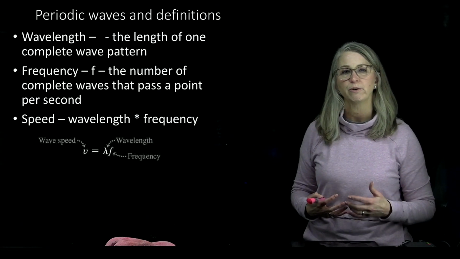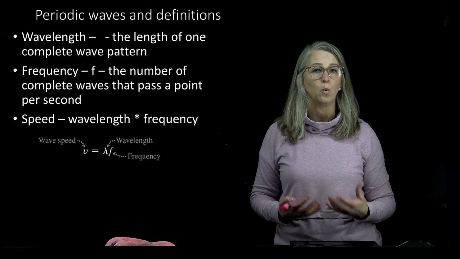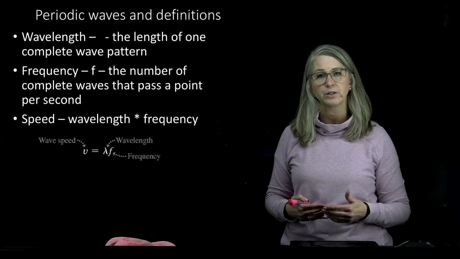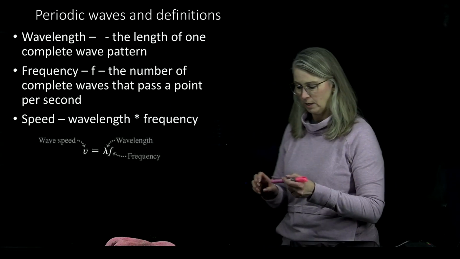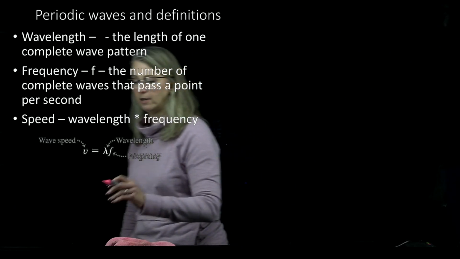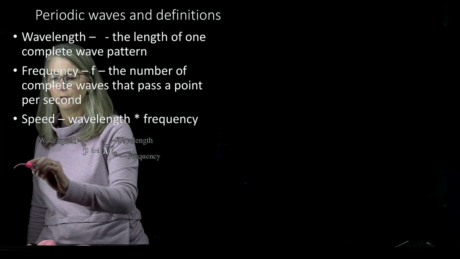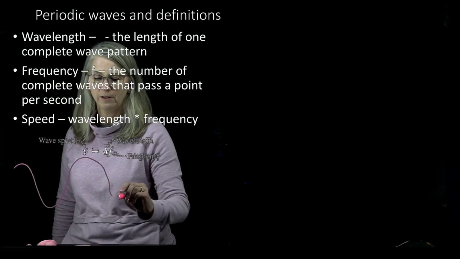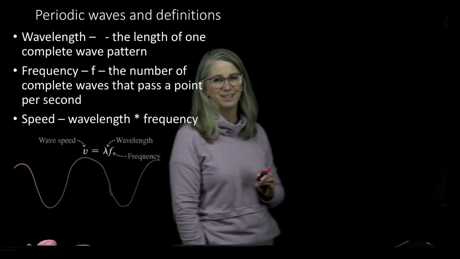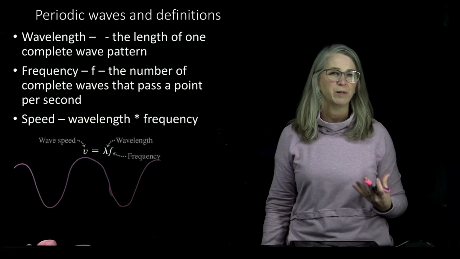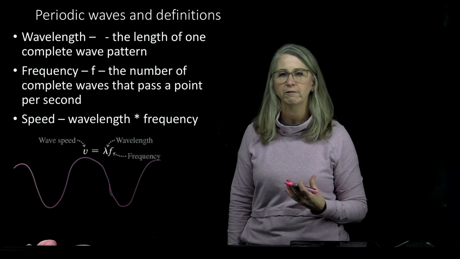So let's review some of the different quantities or characteristics of a wave that we want to be familiar with. I'm going to draw the wave again for our reference. We're going to go with a transverse wave. I'm not a very good drawer of the wave, but pretend it's uniform, just picturing a sine wave or a cosine wave.